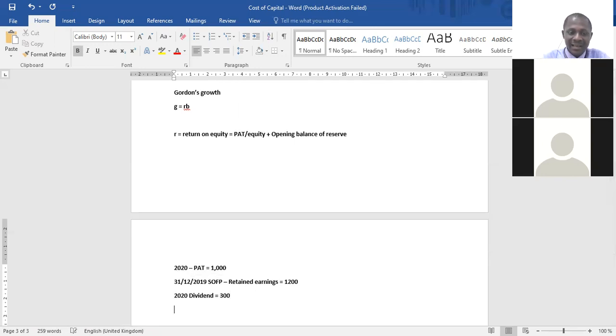It means that on 31/12/2020, my total retained earnings should be retained earnings at the beginning of the year, which is 1,200, plus retained earnings in year 2020, which is 700.